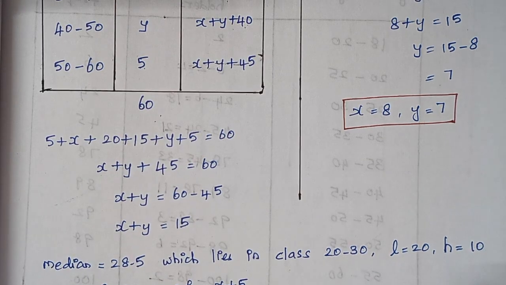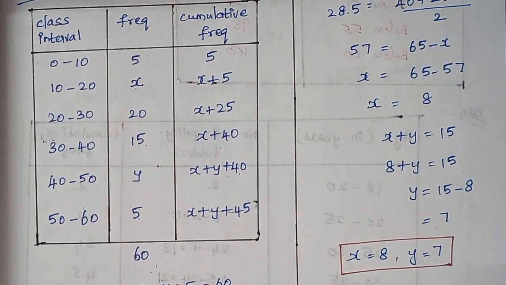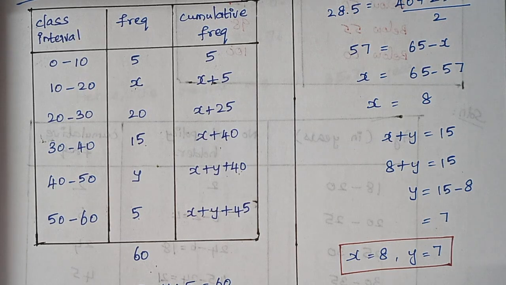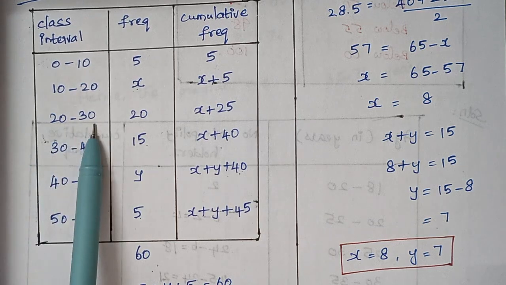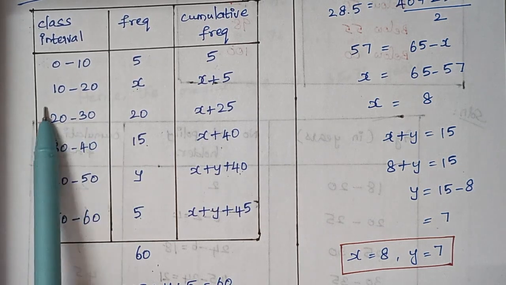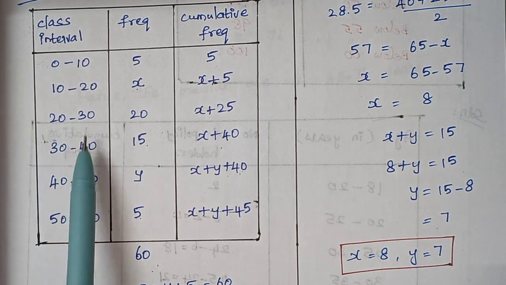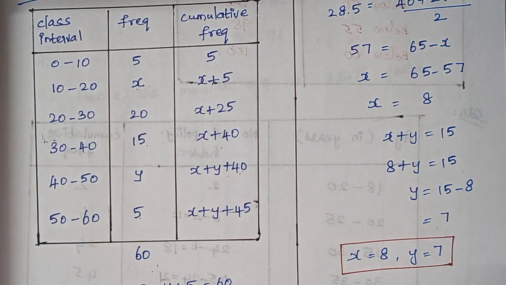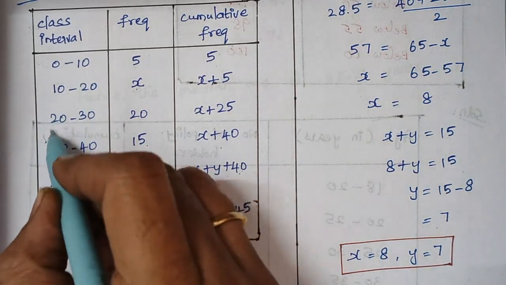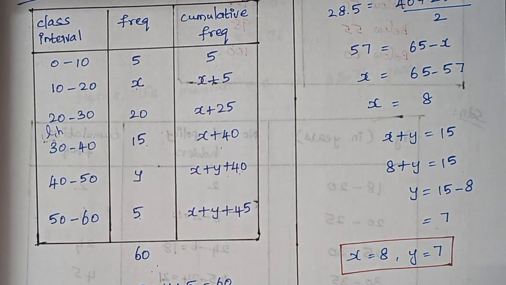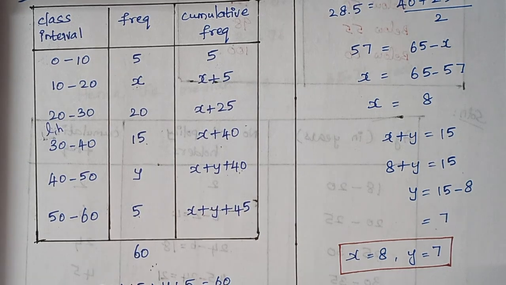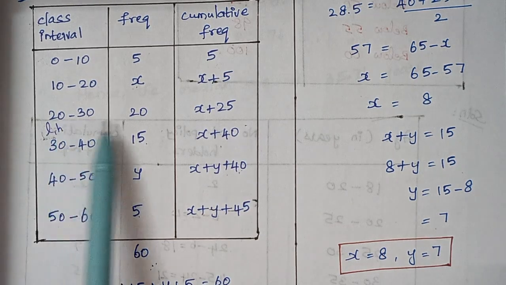So this 28.5, we have to check from the tabulation where it lies. So that 28.5 lies in the class 20 to 30. So what about the value of L? The value of L is 20. And what about H? H is the difference between these two. So H is 30 minus 20, which is equal to 10. So now we have calculated the value of L as well as H. Now the respective frequency here is 20.